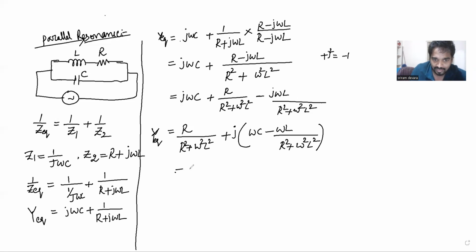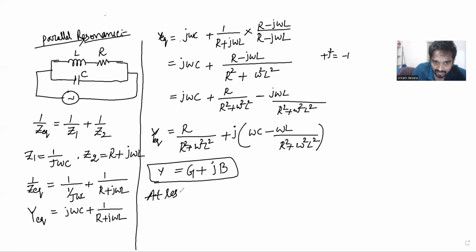This can be written as the real part, conductance, plus J susceptibility. At the resonance condition, the susceptibility B of this parallel circuit becomes 0.